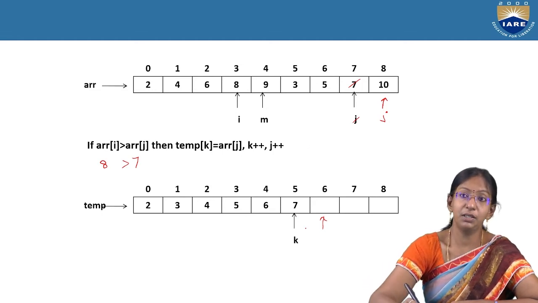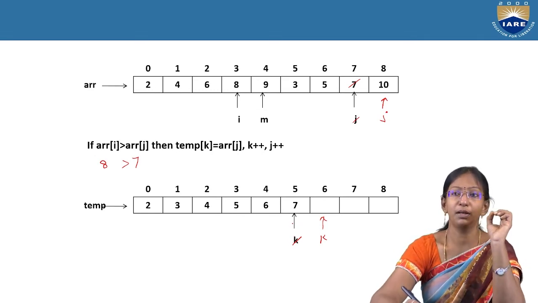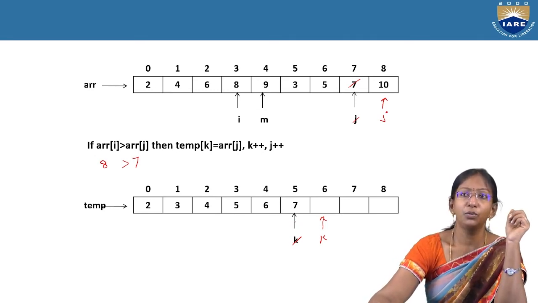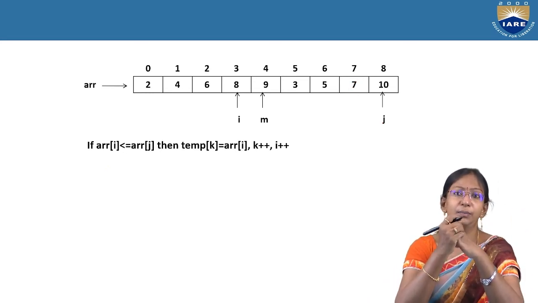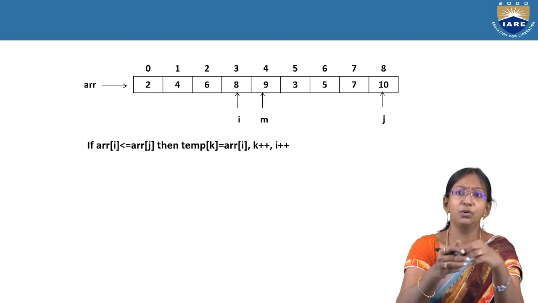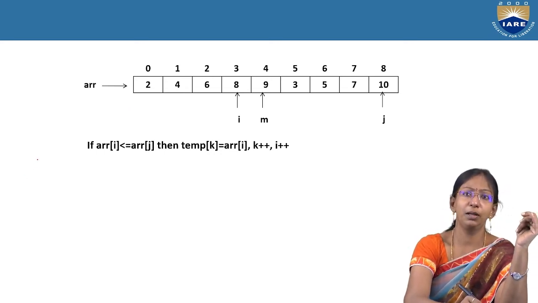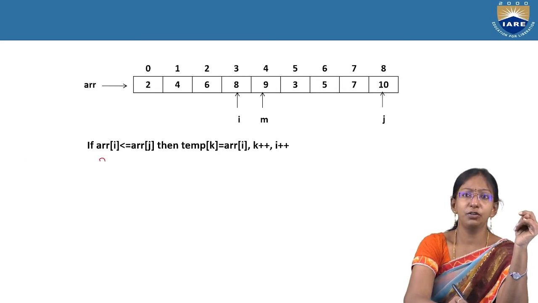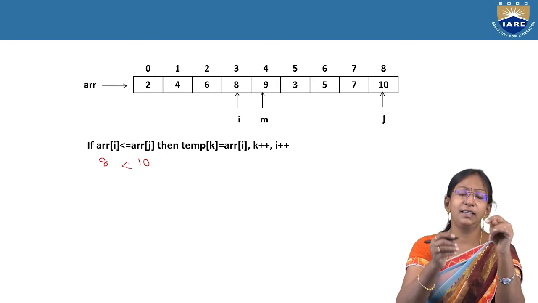I'm going to increment it to the next vacant place so that it can be filled with a proper element, right? So this is the result of the next step. So i is pointing to 8 and j is pointing to 10. What kind of relation do these two share? 8 is less than 10.